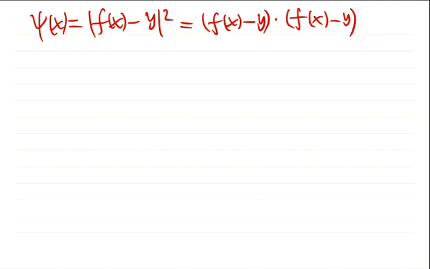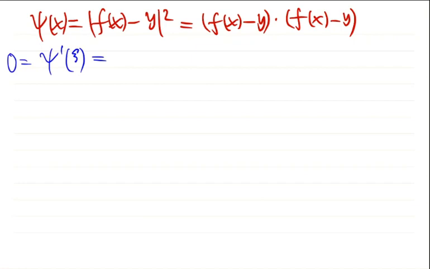Previously we have a proposition about computing the derivative of a function, the derivative of the inner product of two vector valued functions. We know that the gradient of Psi at C, this is 0.